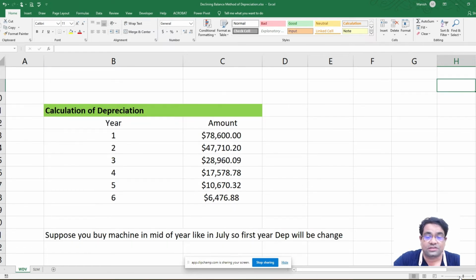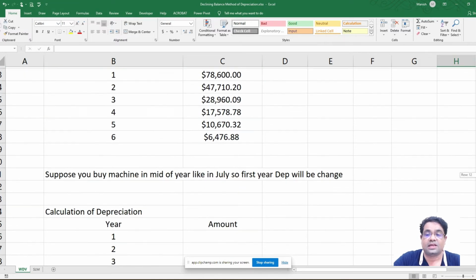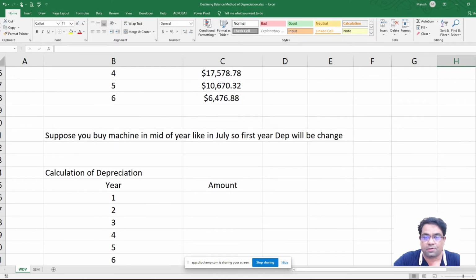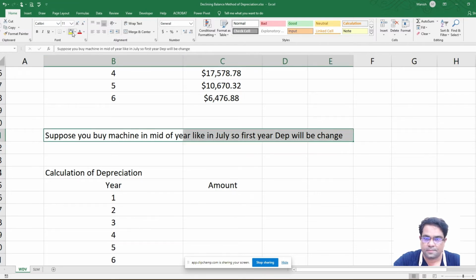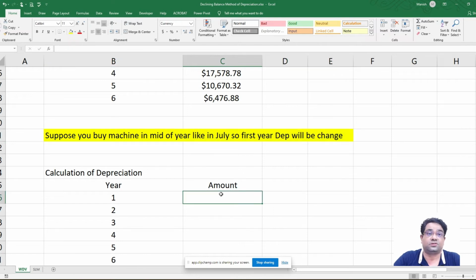Now assume here I give one situation. Let me make it bold here. The asset we buy on 1st of July instead of 1st of January. For this, the formula changes a little bit.